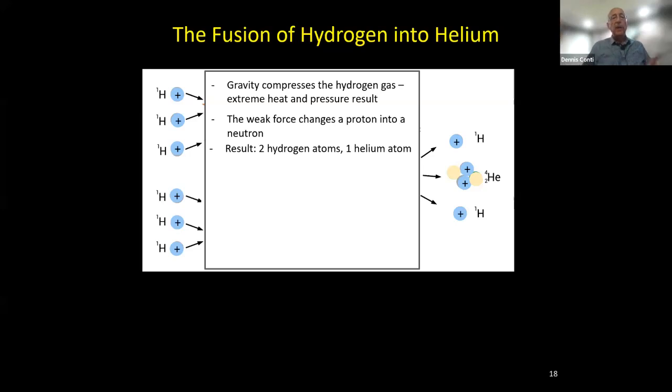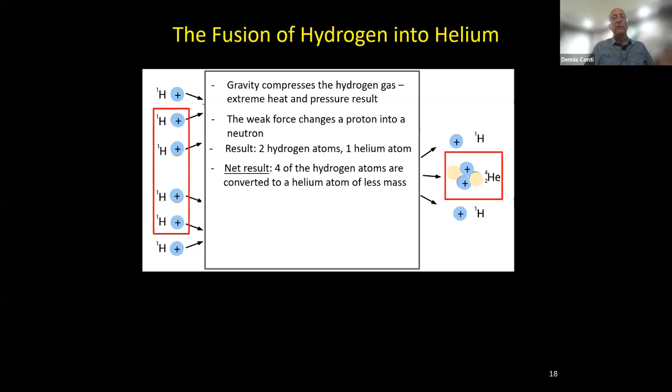Okay. In that process of doing that, there was energy that was released, because for those 4 hydrogen atoms and helium, there's mass that has been lost in that. And that loss of mass creates energy. Our old buddy Einstein, E equals mc squared, equates mass and energy together.